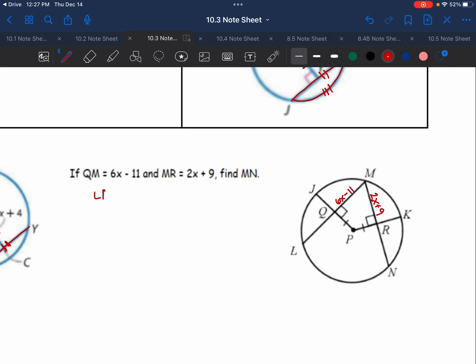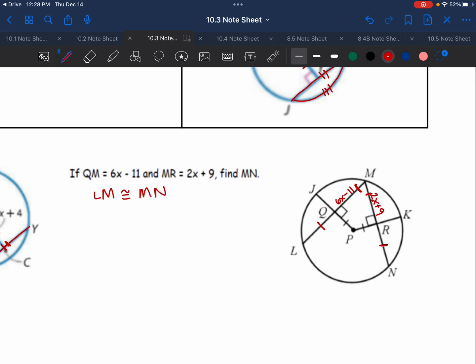So LM is congruent to MN. I also see that this radius is perpendicular to that chord, and this radius is perpendicular to this chord. So that means LQ is congruent to QM, and MR is congruent to RN.